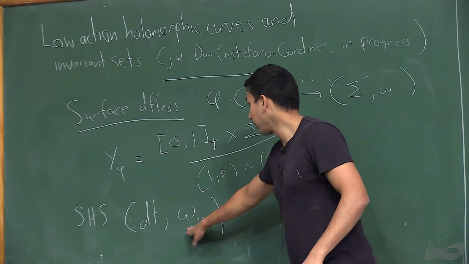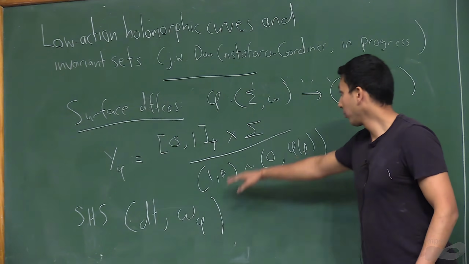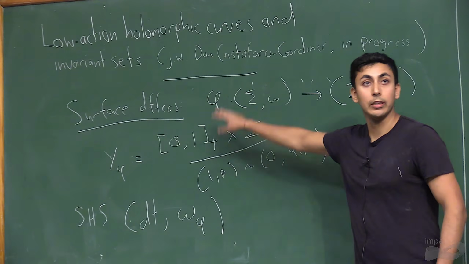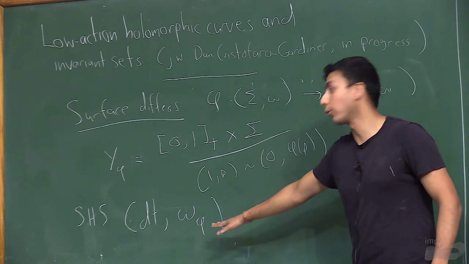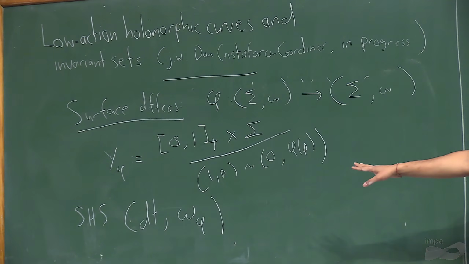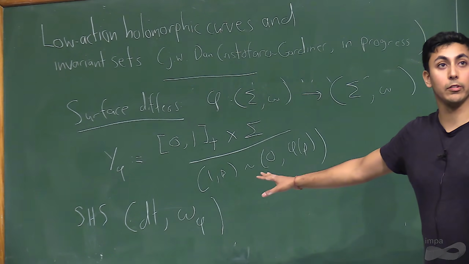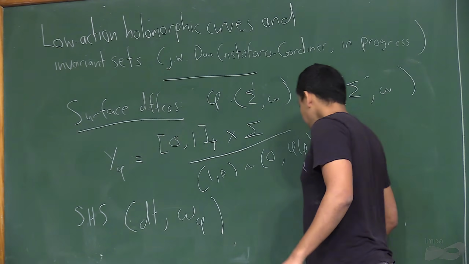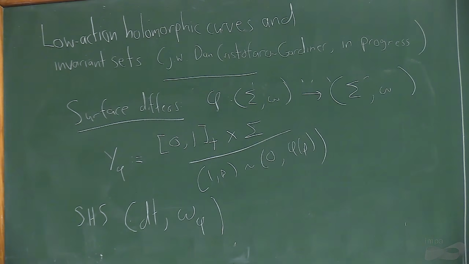And then this omega sub phi, in a similar way, just comes from the area form pulled back to this cylinder and then pushed down into the mapping torus. And it turns out that this is a stable Hamiltonian structure and that the Reeb vector field generates the suspension flow of phi.